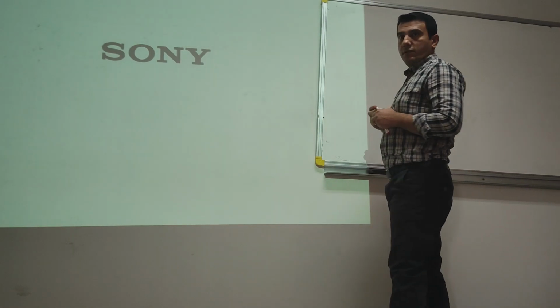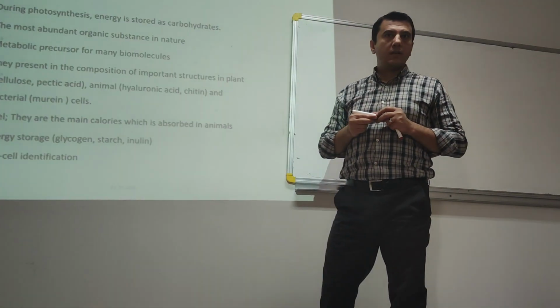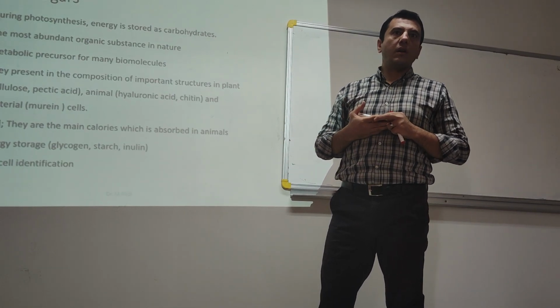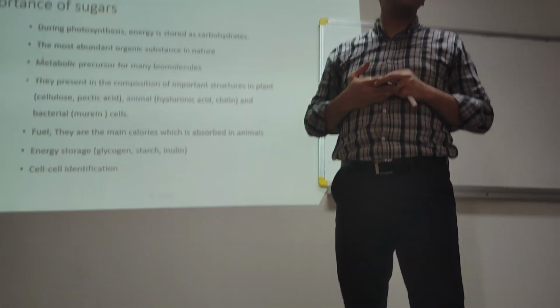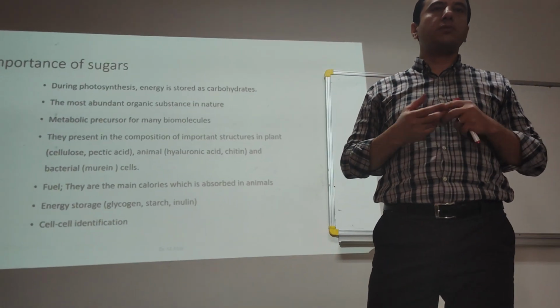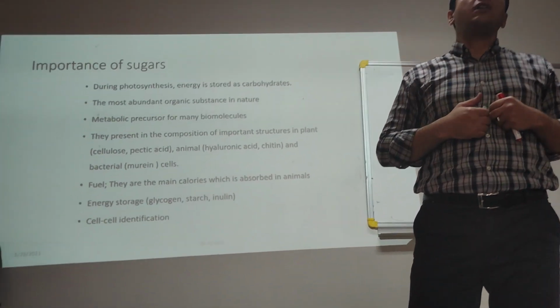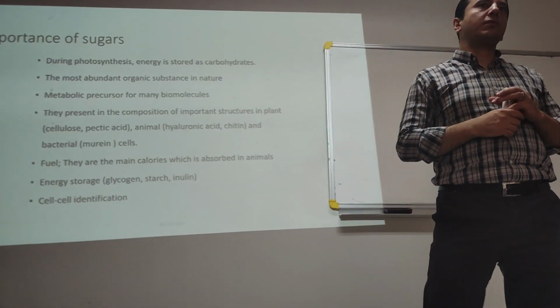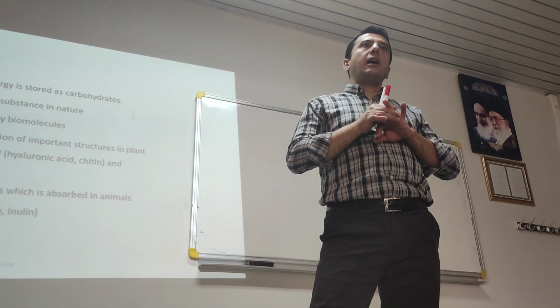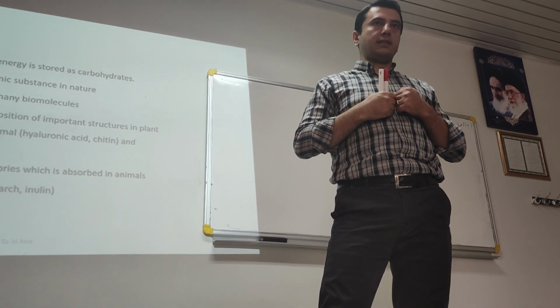Sir, you didn't explain the last two pages. Yes, I explained them. I told you about the most important buffers in our body. For example, the first one is hemoglobin or proteins, which are the buffers in our cells.